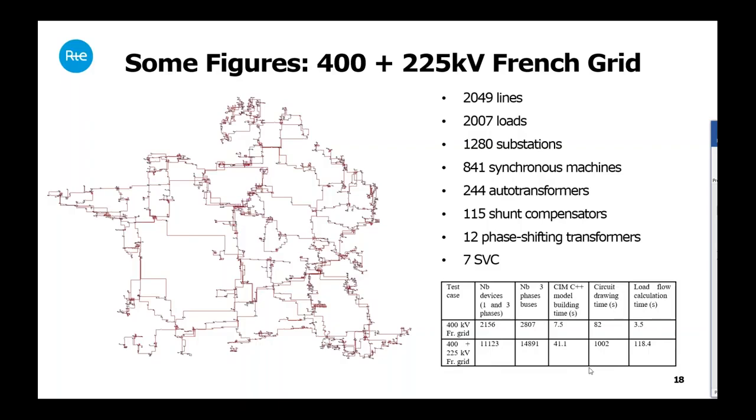This is the most time-consuming process, drawing the circuit. And load flow calculation for a huge network like this is about 2 minutes. In the end, we check that the import is successful by comparing load flow results at each node. So we compare voltage, phase, power, etc., between Convergence and EMTP. And we have another automatic tool for that comparison.